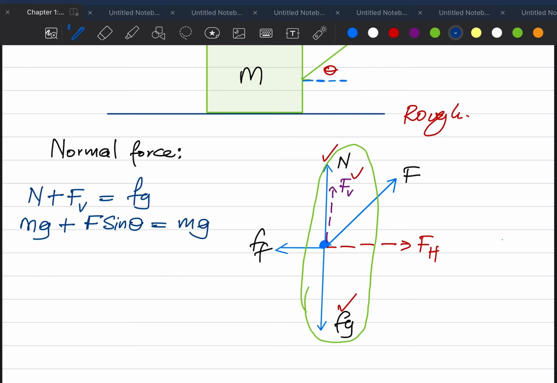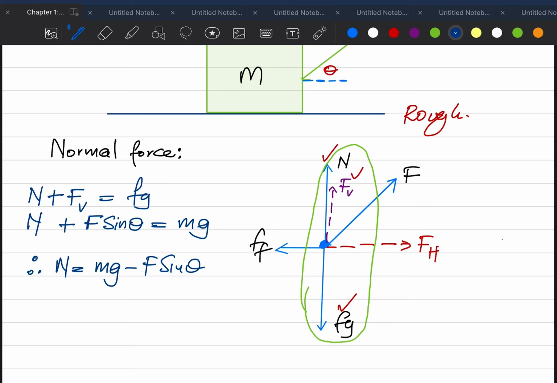Sorry, I made a mistake here. This should be the normal force. Now I want to make N the subject of the formula. So my normal force will be equal to mg minus force applied sine of theta.